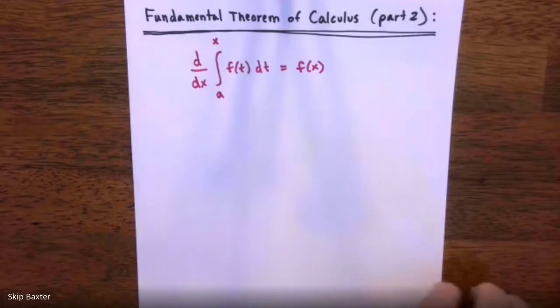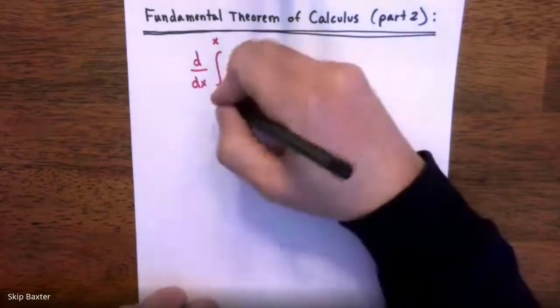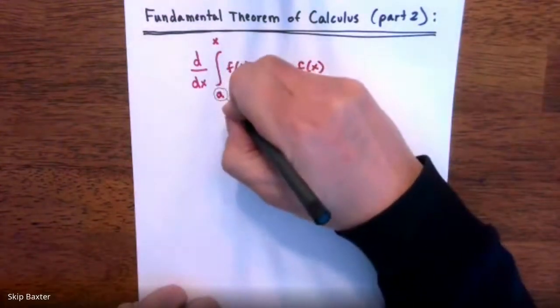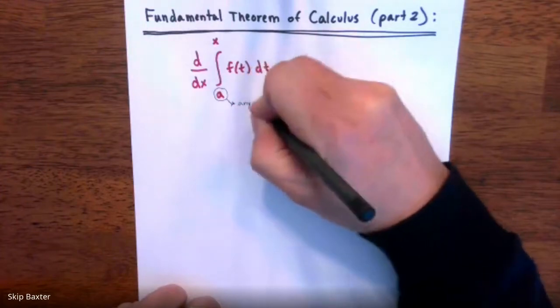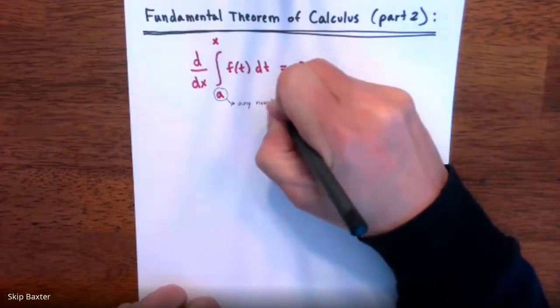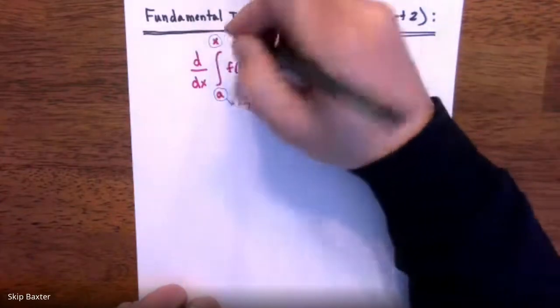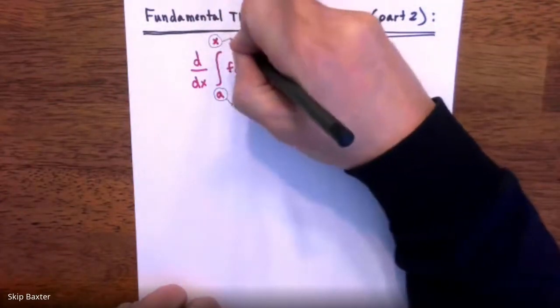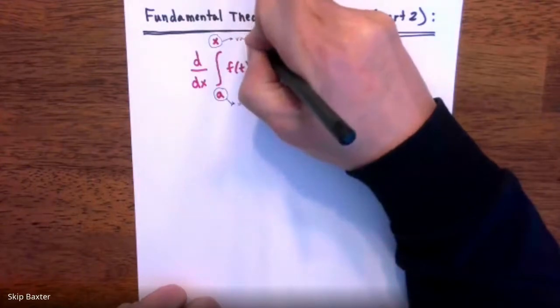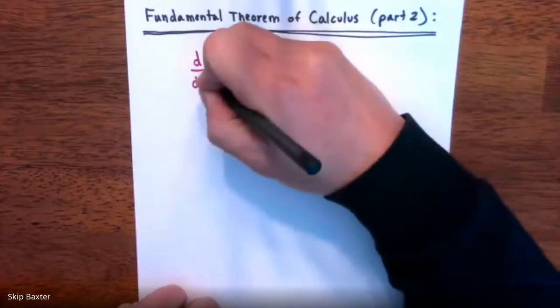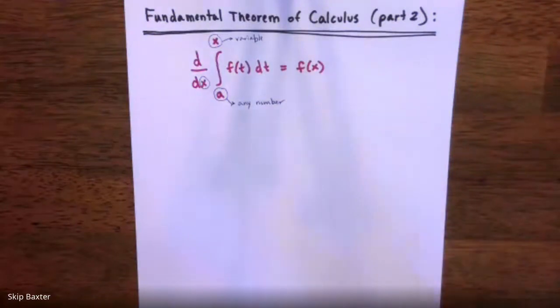And in this expression, this a could be any number. And this variable, that's the variable x. And it has to match with this variable. Okay, that's the whole deal.